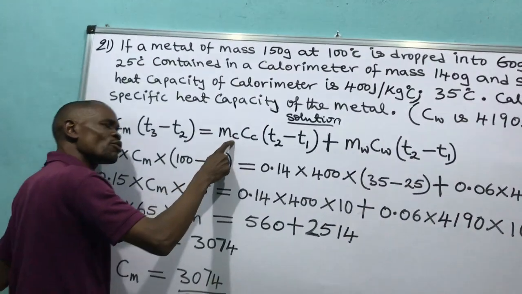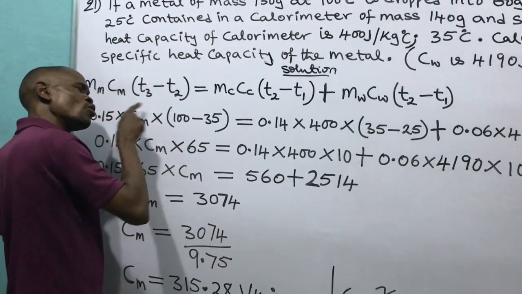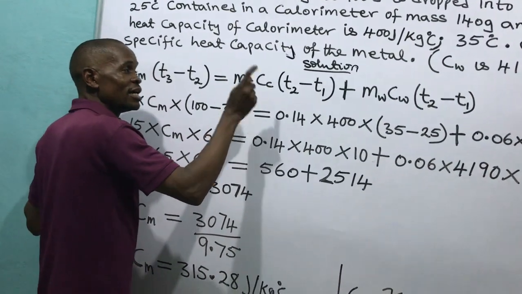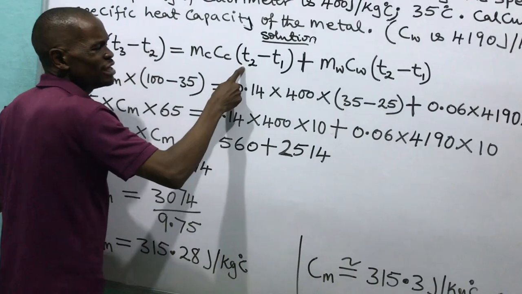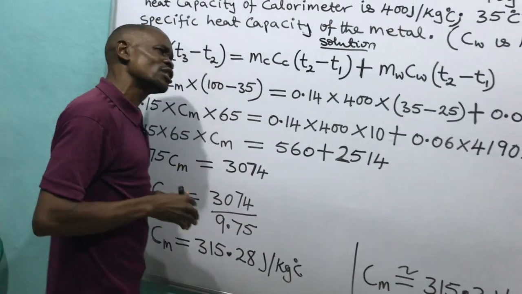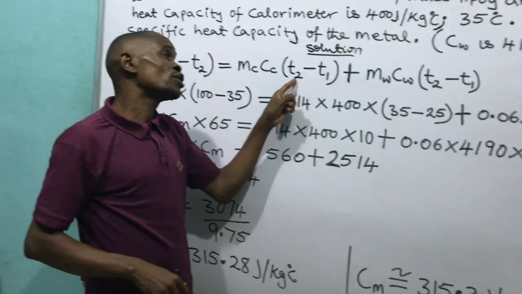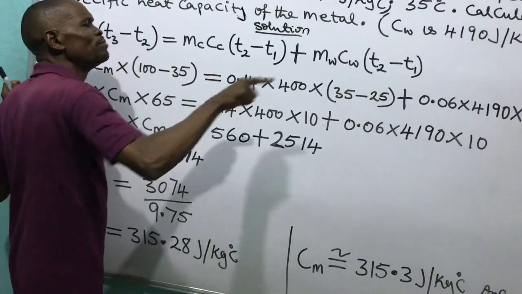Then we come to this, equals the mass of the calorimeter which gained the heat. You know that this is the one that lost the heat. Then mass of the calorimeter which gained the heat times specific capacity of the calorimeter times the temperature change. What's the temperature change? It is the final temperature minus the initial temperature, T2 minus T1. We call this process the heating process.